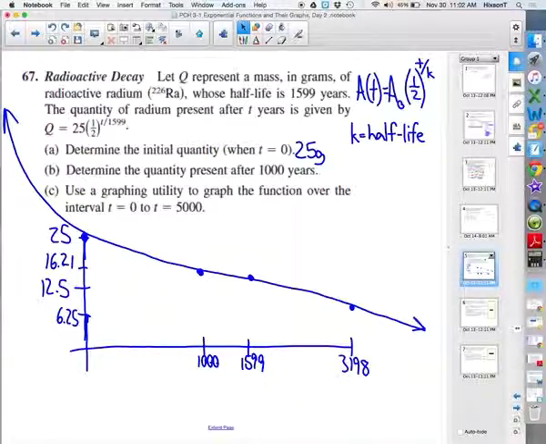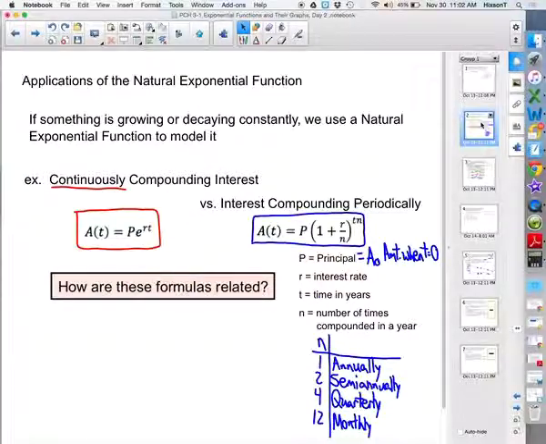So a lot of this is taking similar ideas, like this formula here, P e to the RT. We could apply this not just to money, but to populations of a city or population of bacteria in a petri dish. We could apply this to half-life even, with a negative rate of change.